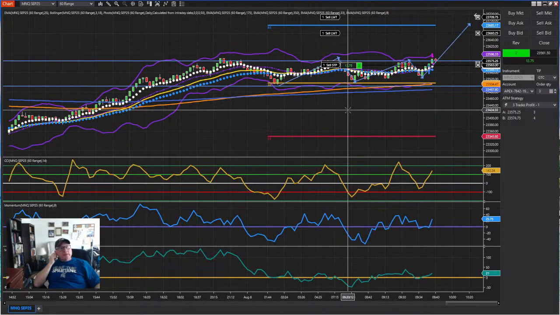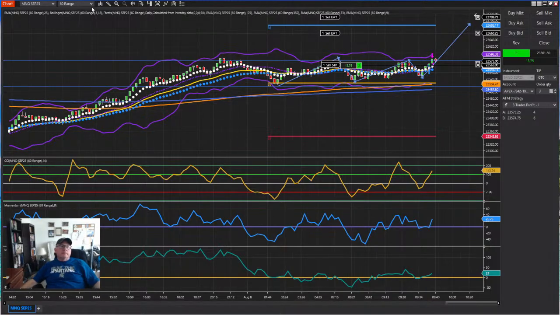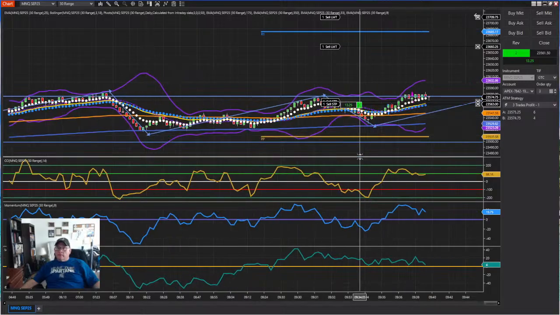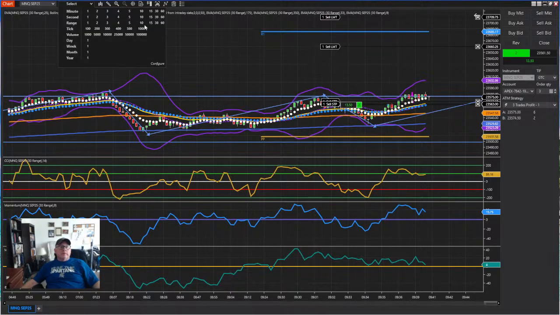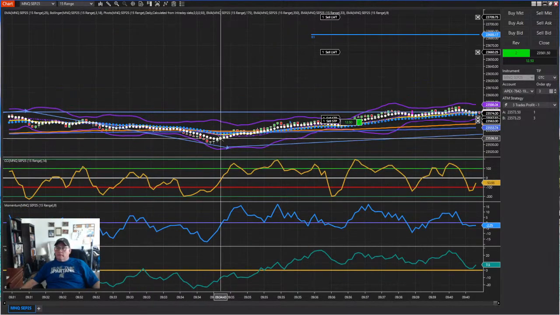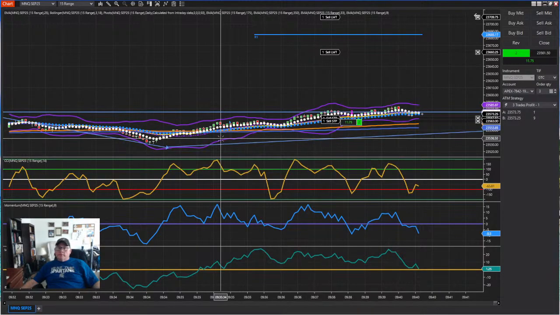These are 60 range bars. Let's look at 30 range. No help really. 15 range bars. Definitely no help.